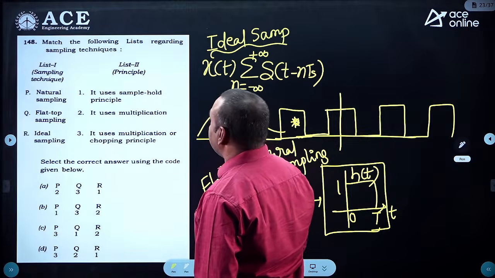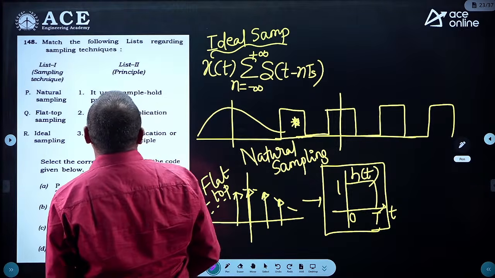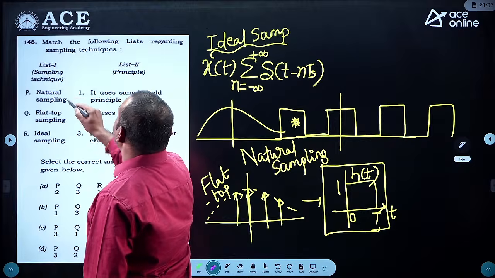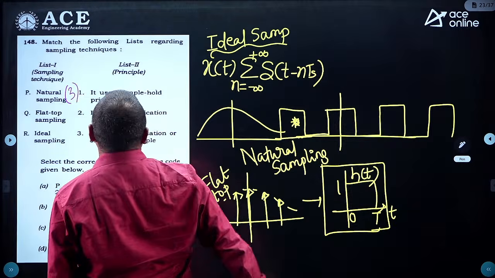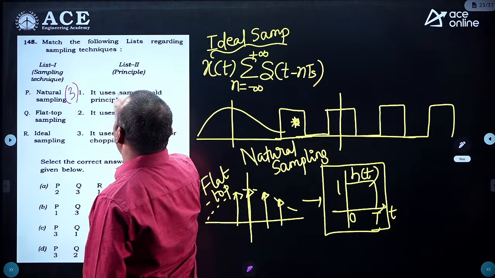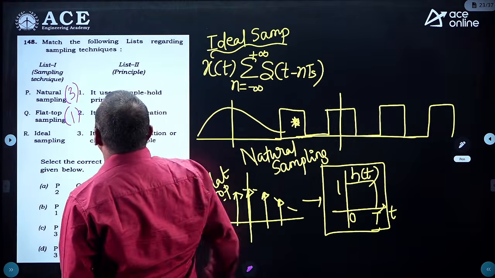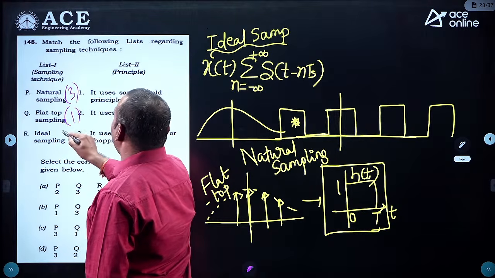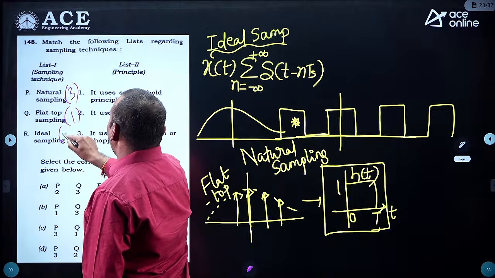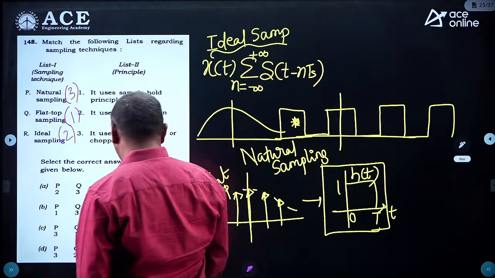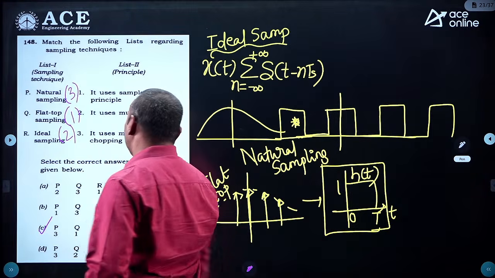So, let us do that matching. Natural sampling uses multiplication or chopping principle. Flat top sampling uses sample and hold. Ideal sampling, normal multiplication with impulse train. 3, 1, 2 is the combination.